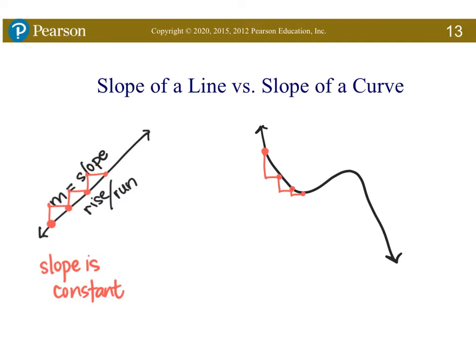And then if we turn the corner, the rise over run starts to go in the other direction. Now it's positive because it's climbing. But then it turns the corner again, and now the rise over run is going down. So the slope is always changing on a curve.